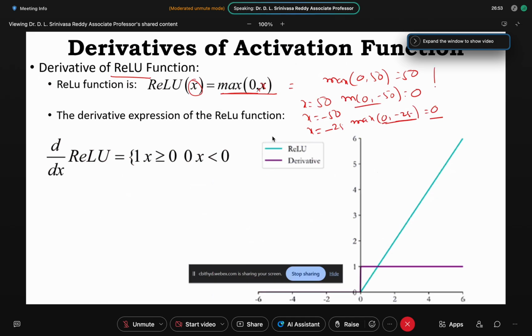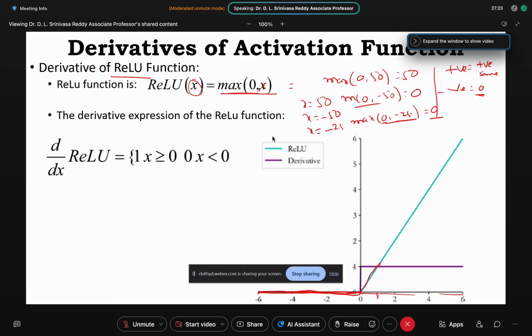That means for positive, you get the same value, and for a negative, this gives you 0. So here you can see for all the negative values, the function lies on the x-axis. And for all the positive values, suppose it is 1, the output is 1.